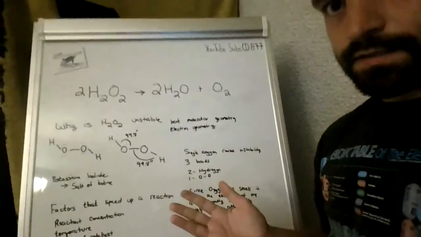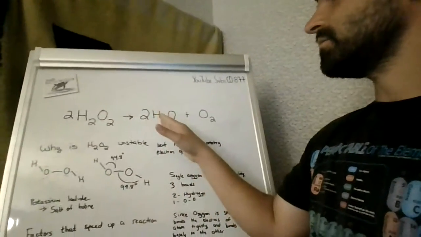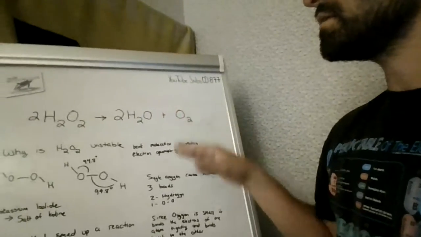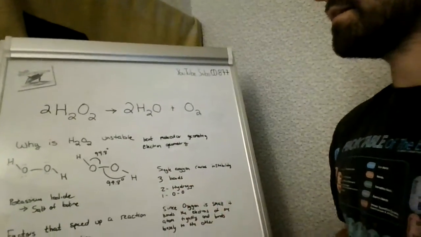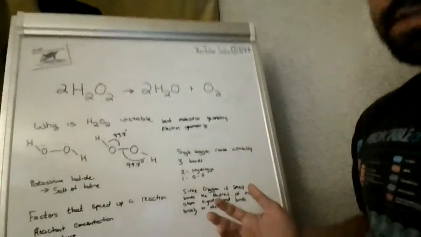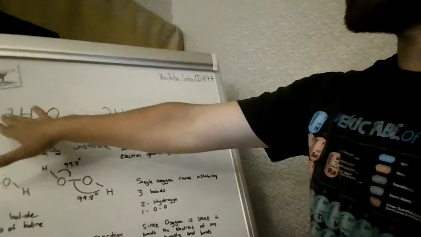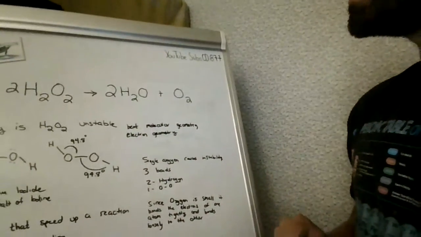but last time we didn't have it balanced. Remember, with the stoichiometric coefficients, you want to optimize the balancing of the equation so that all of the elements and the total number of atoms are balanced on both sides. What we need to do here that we didn't do last time is put a coefficient of 2 in front of the hydrogen peroxide and a coefficient of 2 in front of water.